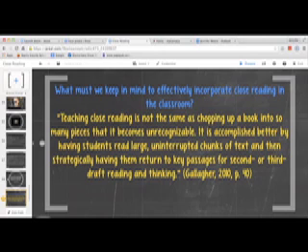Teaching close reading is not the same as chopping up a book into so many pieces that it becomes unrecognizable. It is accomplished better by having students read large, uninterrupted chunks of text and then strategically having them return to key passages for second or third draft reading and thinking.